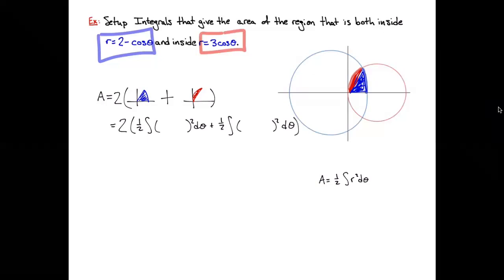And all we have to do now is figure out which curve is which and what the appropriate bounds are. Now, we already decided which curve was which. The blue curve was 2 minus cosine theta. And the red curve was 3 cosine theta.